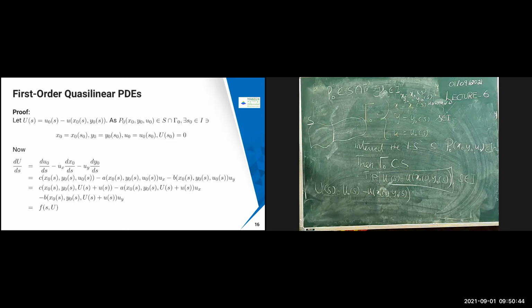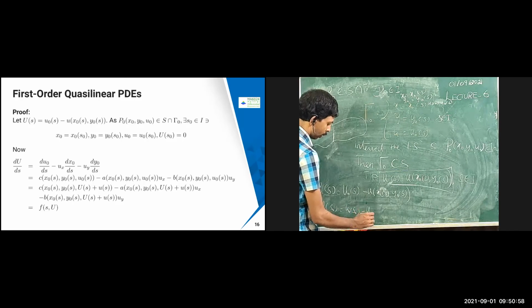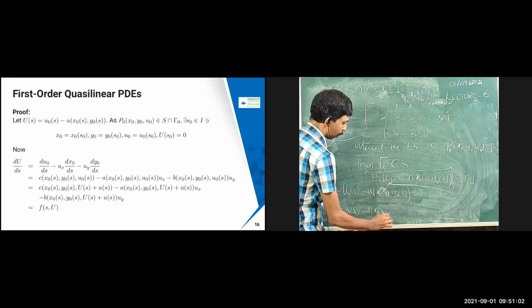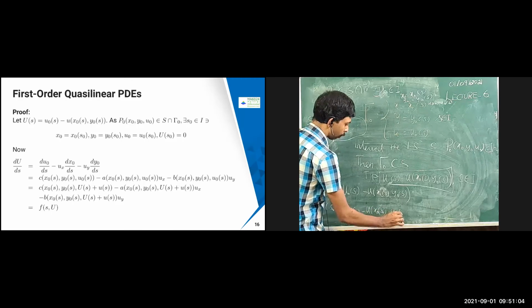Now if I substitute over here, U of s naught is going to become u naught of s naught minus u of x naught of s naught comma y naught of s naught. But what is this?